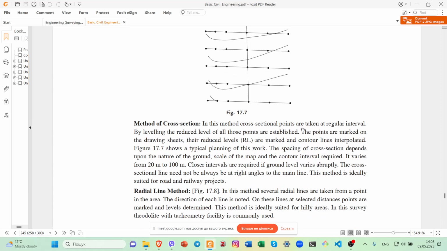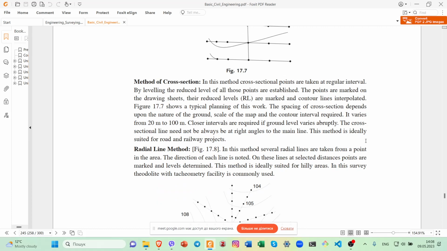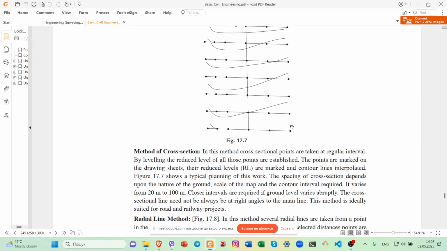In this method, cross-sectional points are taken at a regular interval. By leveling, the reduced levels of all those points are established. The points are marked on the drawing sheets, the reduced levels are marked and contour lines interpolated.